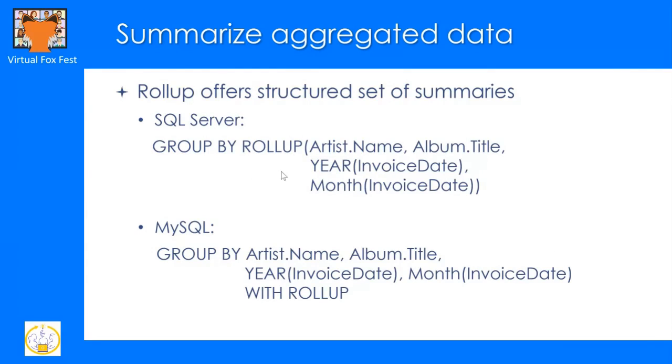But the notion is that we can list the fields or expressions for which we want summaries, and it will do it on a right to left basis. So first summarize for all months within a year, then summarize for a whole album across all years and months, then summarize for a whole artist across all albums, years, and months.